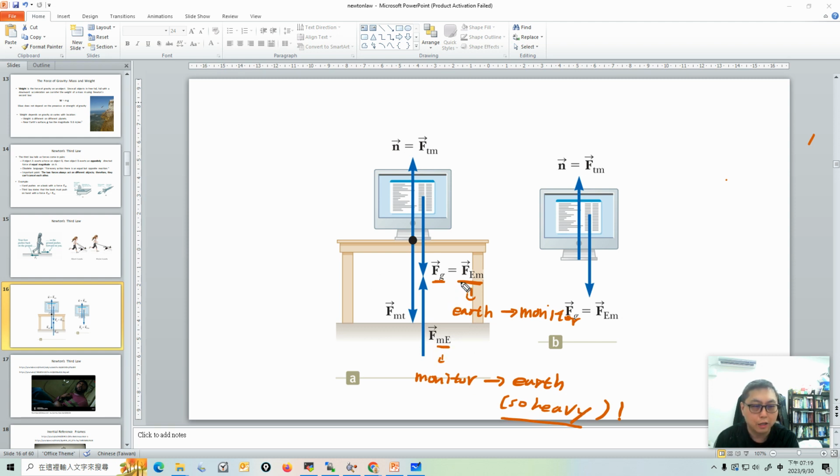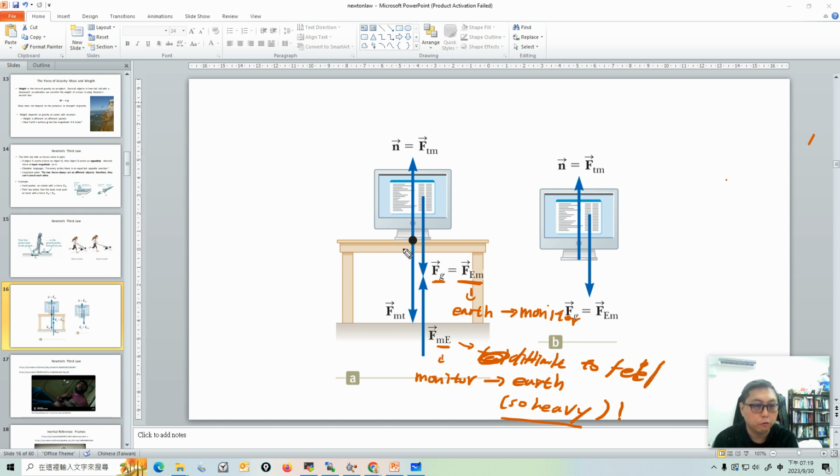The magnitude of this force is the same as the weight of the monitor, which is minute, so the force is minute. If you want to pull the heavy Earth, you feel almost nothing. That's why it's difficult to feel.